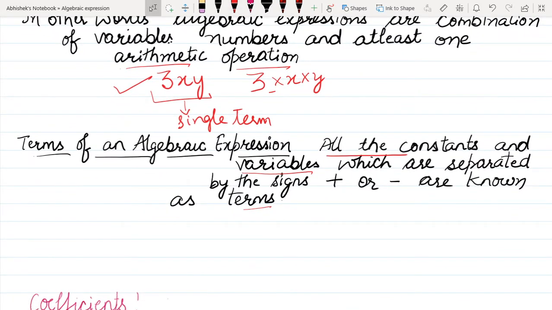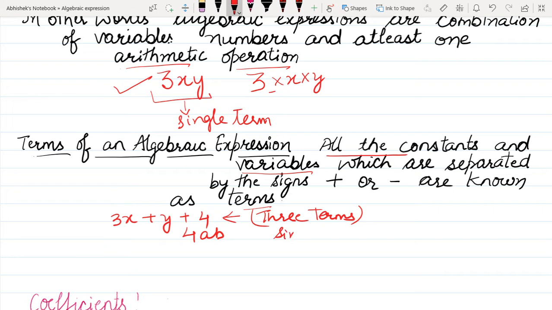So let's take an example to understand this. 3x plus y plus 4. So how many terms are here? It is 3 terms. I have written 4ab. This is a single term, one term.